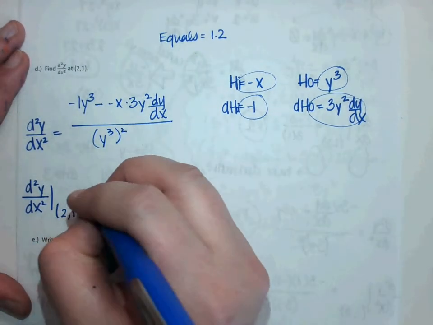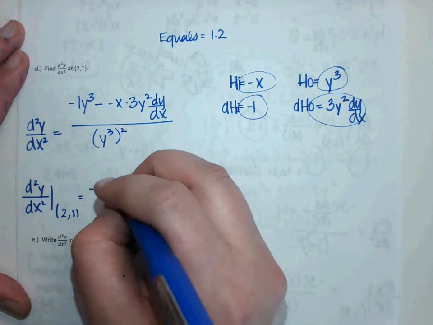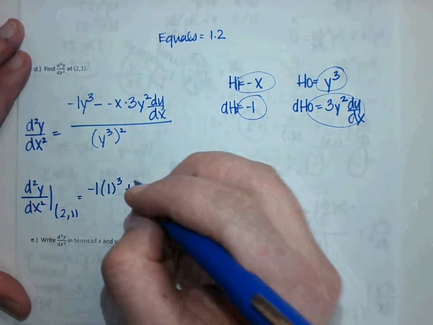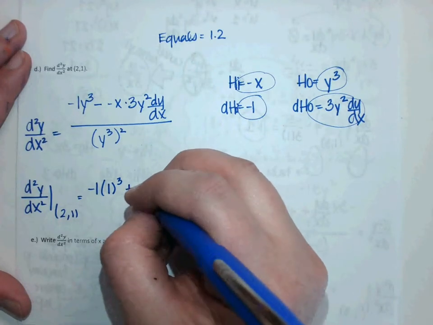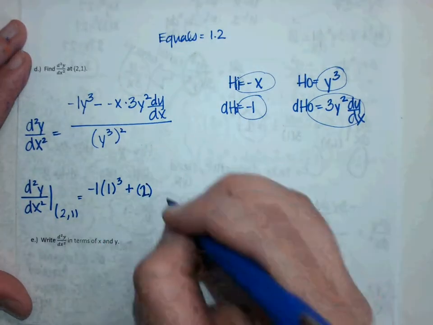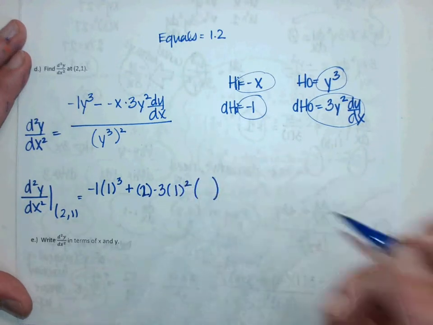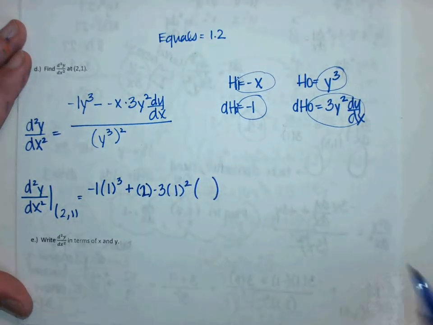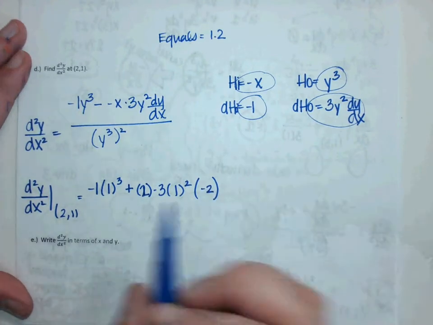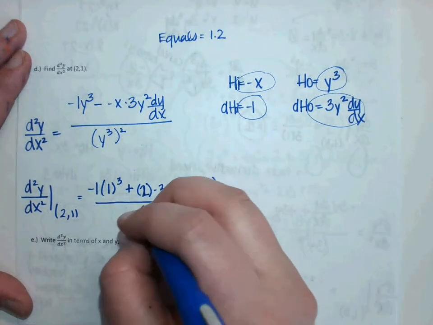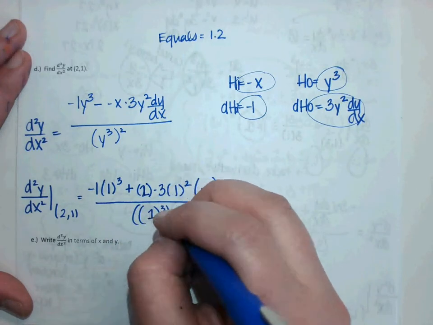So it's negative 1 times 1 cubed plus, because of the double negative. Then my x is a 2, then times 3, then times 1 squared. Then what's my dy/dx? Negative 2 for that. Okay, then all over my y, which is 1 cubed squared.